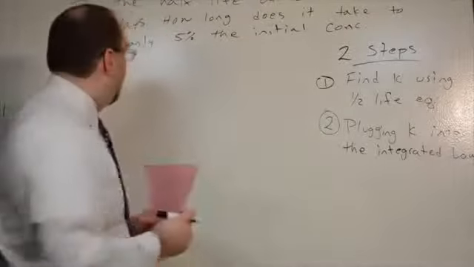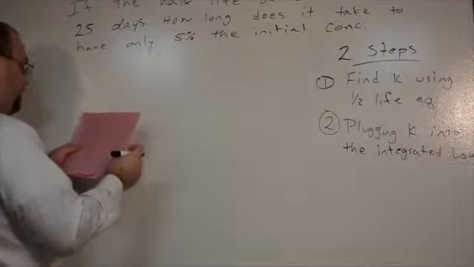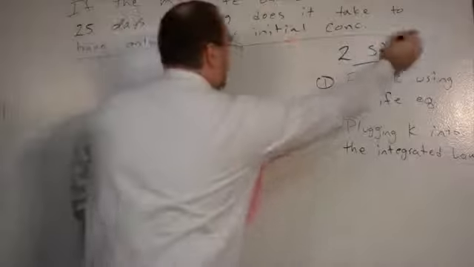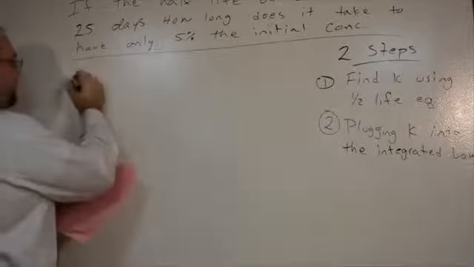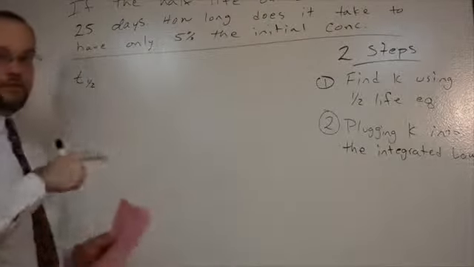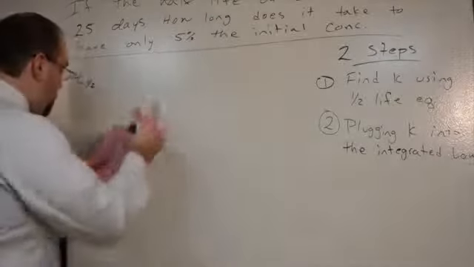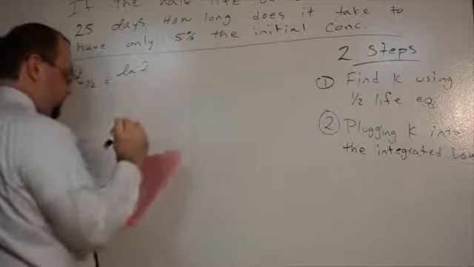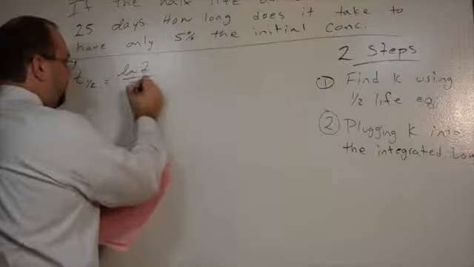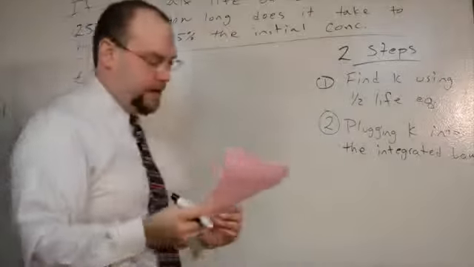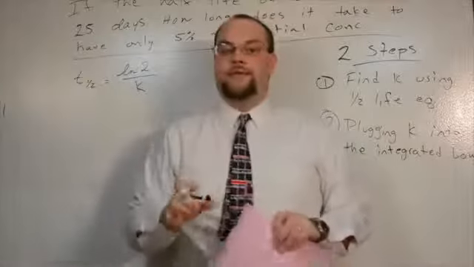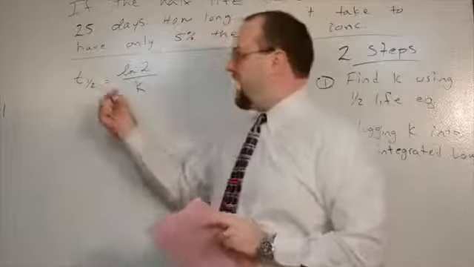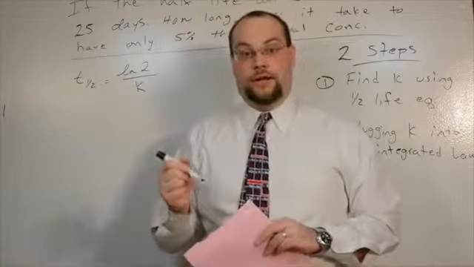Okie dokie. So my half-life equation: T1/2, the time of the half-life, equals ln of 2 over k. ln of 2 over k. I'm not going to get into how to derive that. There are 1,000 fantastic videos on YouTube on how to derive a half-life from the integrated rate law.